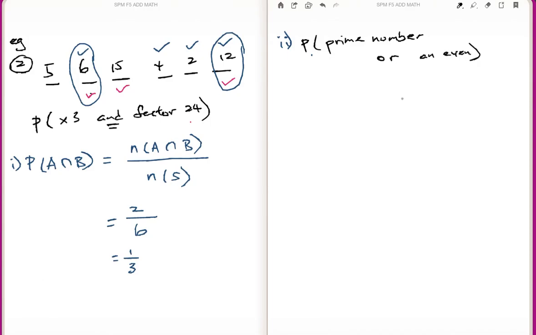Okay, so the keyword given is or, a prime number or an even number, but you can't straight away get into the answer because you can't really get the answer.